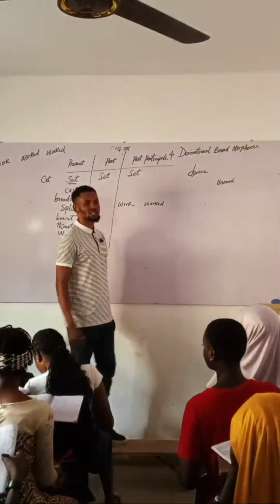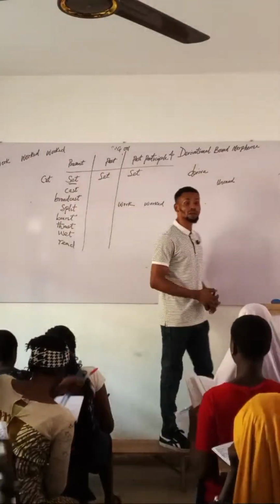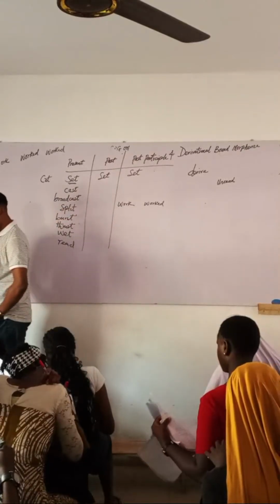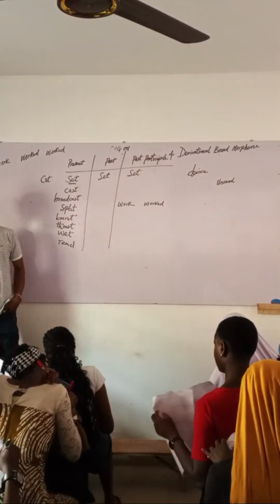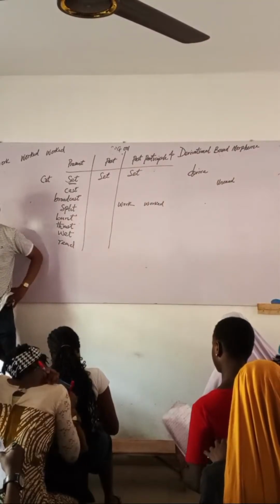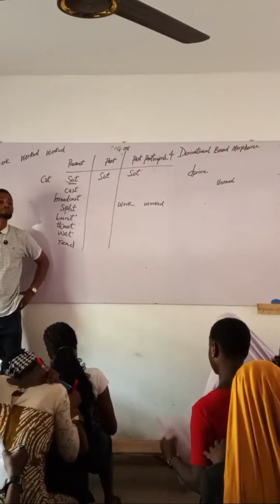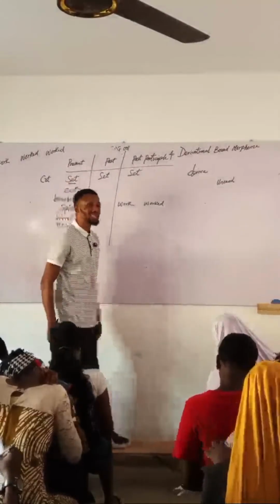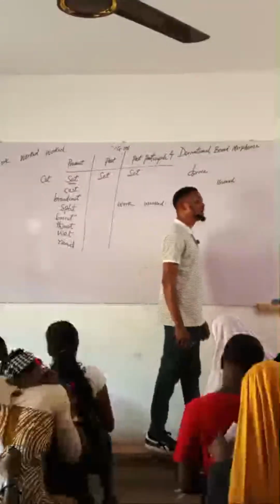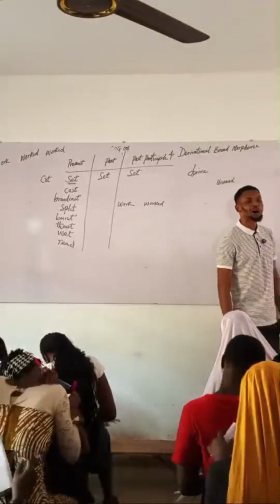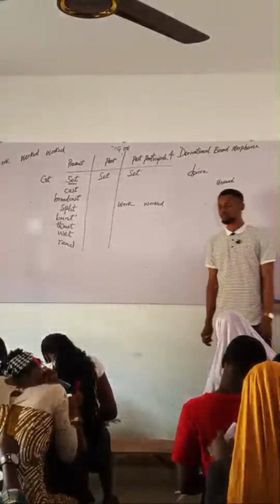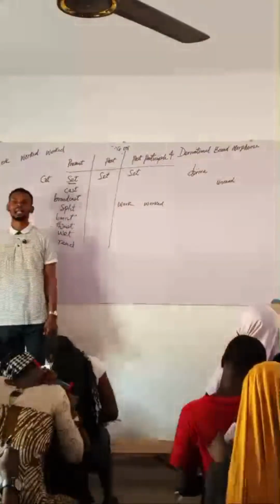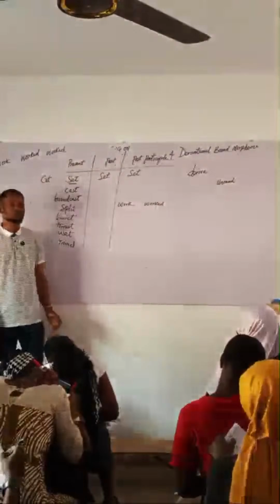All right, let's look at some. What is the derivational bound morpheme? You can write: it is a form of bound morpheme that changes the meaning and or the class of a base word.